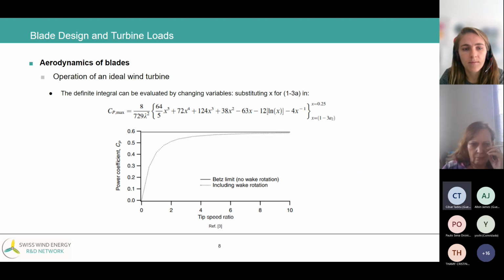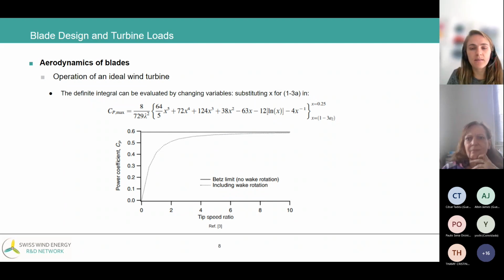I mean, do you have specific equations for each kind of blade that you produce and install on the wind turbines? Yeah, the equations are based on these theoretical ones, but then more effects are added.